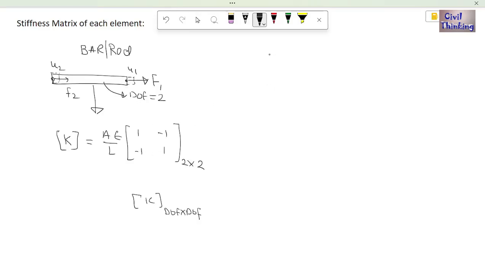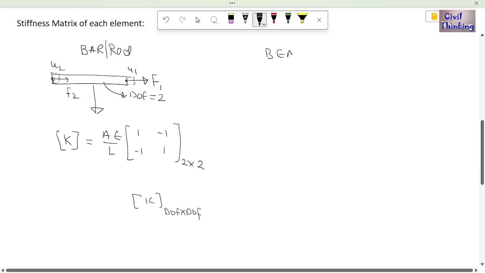Now when I talk about a beam, in a beam we have transverse forces. Let us say this is node 1 and this is node 2.